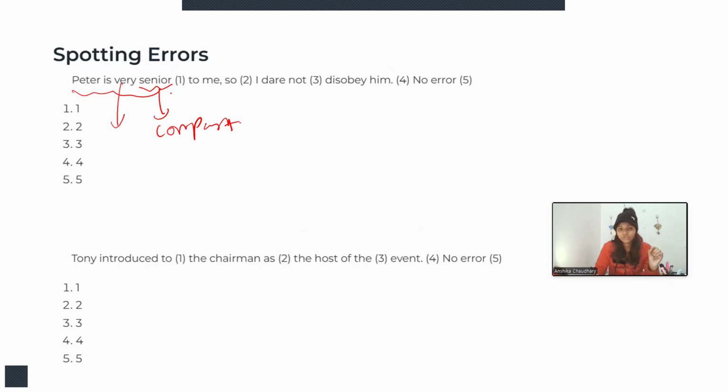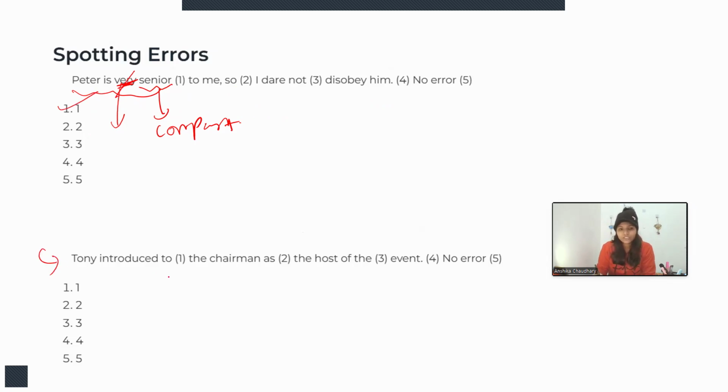If we need to use some word before a comparative, we use words like much or more. So very is not correct here. So Peter is senior to me, I dare not disobey him. This is the correct answer. So very will be removed from here, and the error is in the first part.